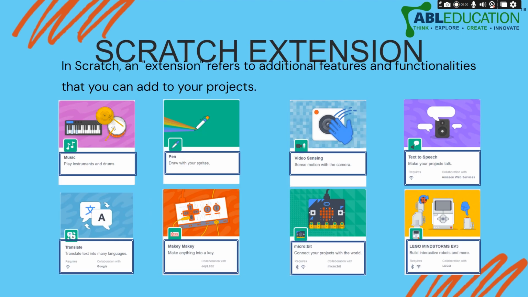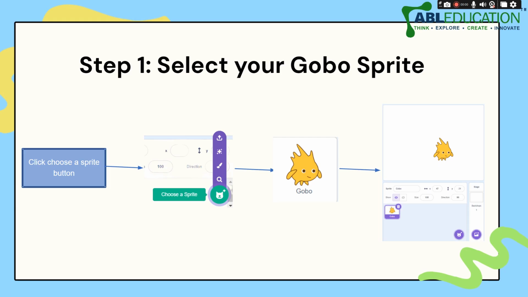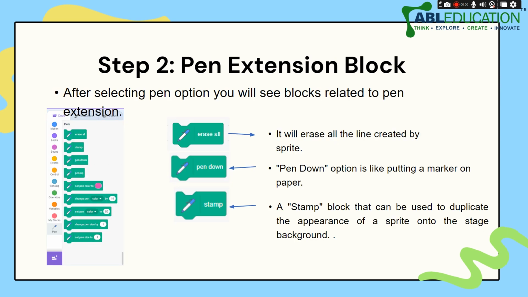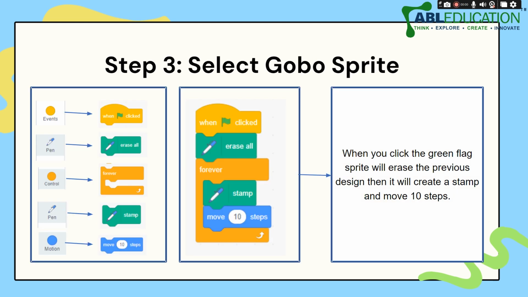We are going to use the pen extension today. This is the pen extension, and this is the activity. We select Gobo, and then we have to use pen down stamp. First of all we'll erase everything, and then inside the loop we will create a stamp of the Gobo sprite.